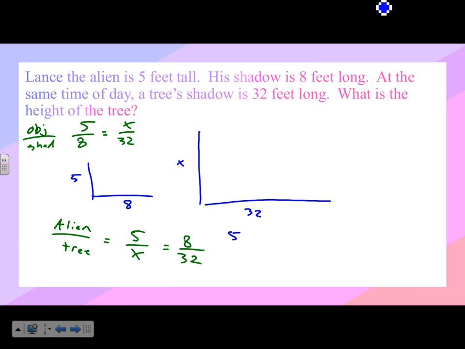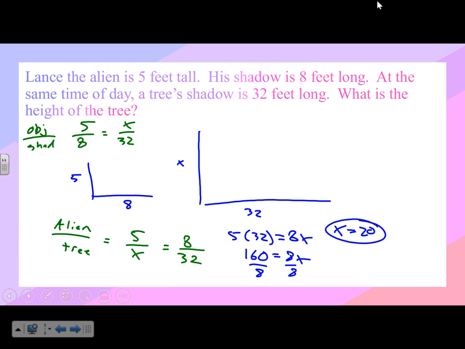So we have 5 times 32 is equal to 8 times x. 5 times 32 is 160, equal to 8x, divided by 8. x is 20. So that's how tall that tree is.